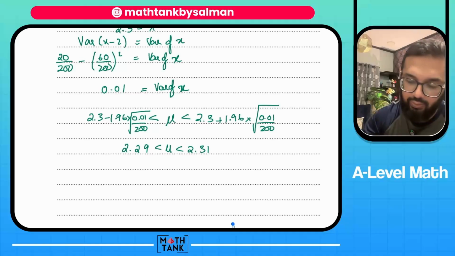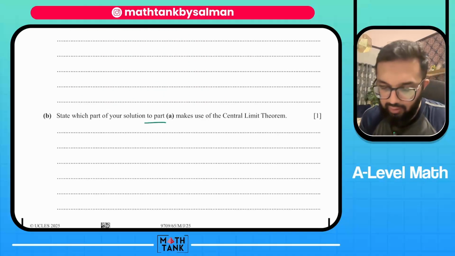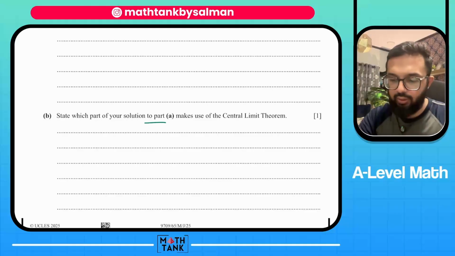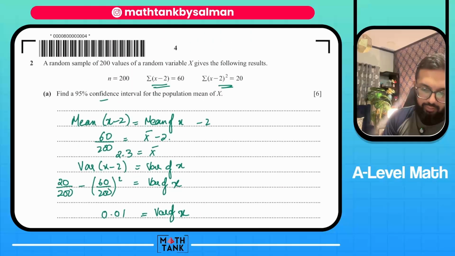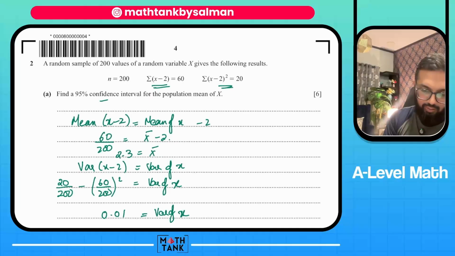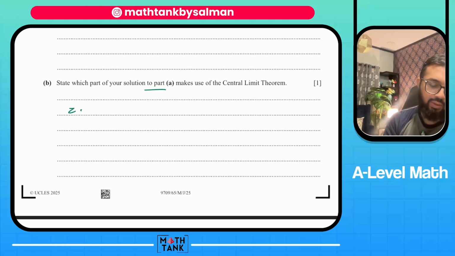So the correct answers. It says state which part of your solution to part A makes use of the central limit theorem. The confidence interval is the part where I use the central limit theorem, the fact that I use a z value of 1.96.